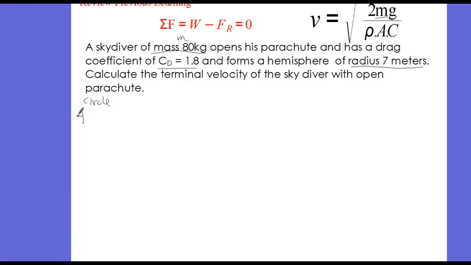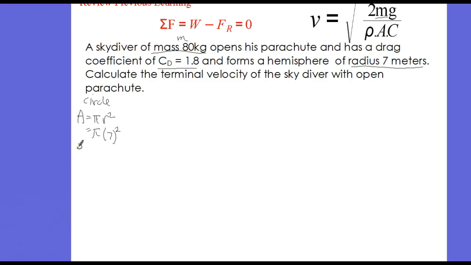So you're looking at the area of a circle, pi r squared. Now all this needs to be in meters, so we would have a 7 squared there as part of the area calculation. So calculate the terminal velocity of the skydiver.